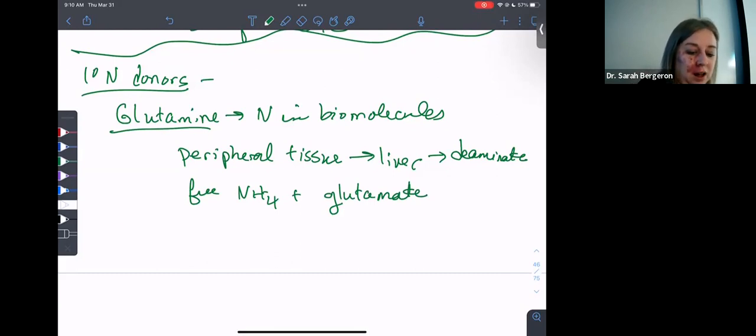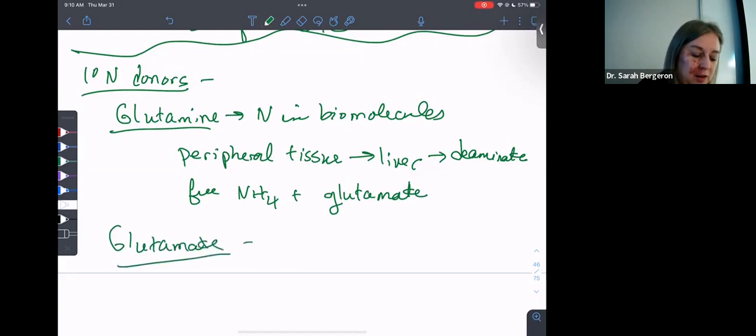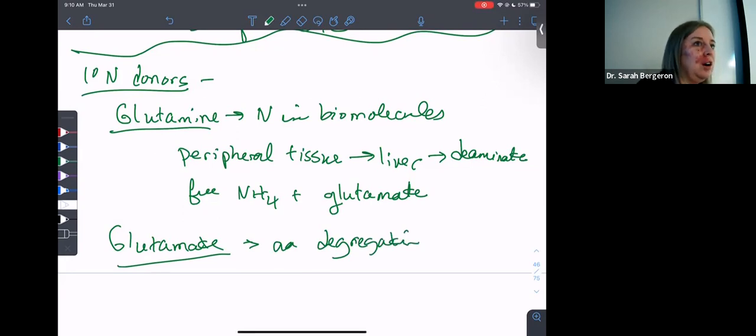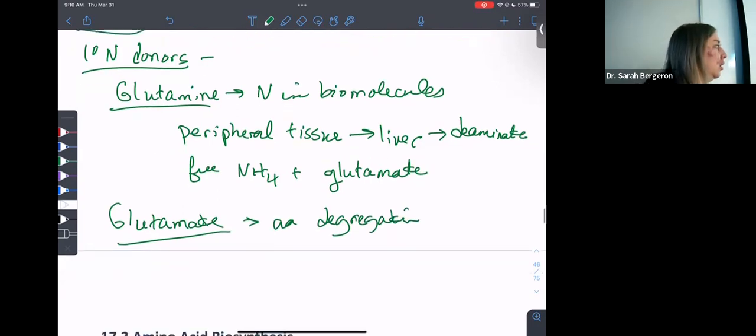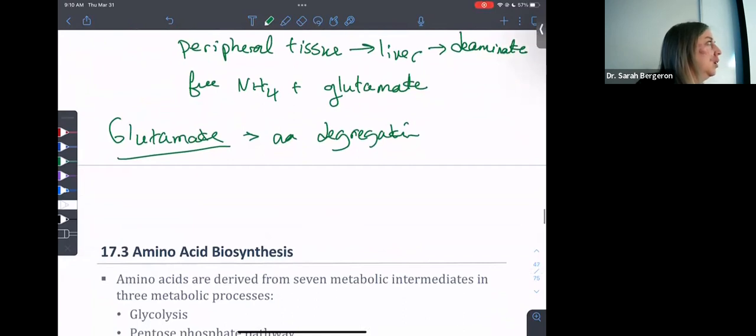Okay. How about glutamate? We said that was amino acid degradation, right? We said above, where does this occur? In the what? Most of this is occurring in one place.